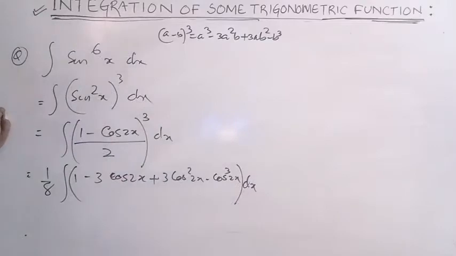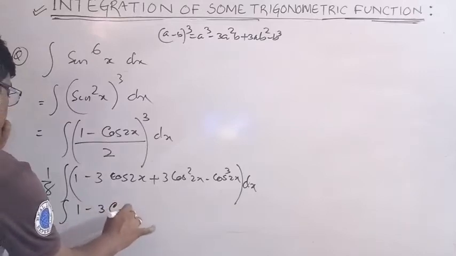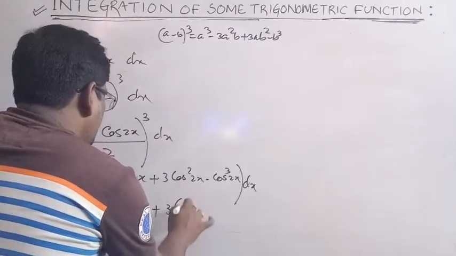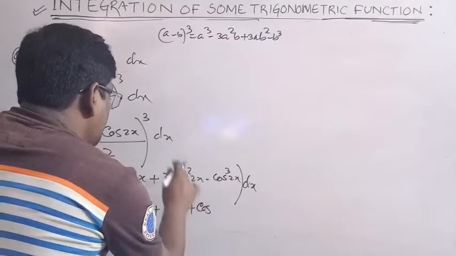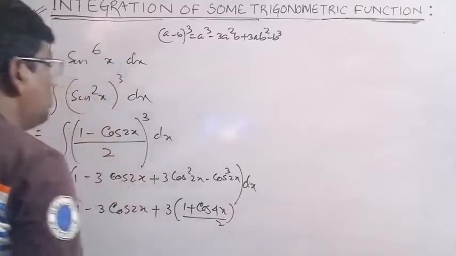That is equal to 1 by 8, 1 minus 3 cos 2x, and this is cos square theta form, so 3 into 1 plus cos 2 theta, 4x by 2, and this is cos cube form.